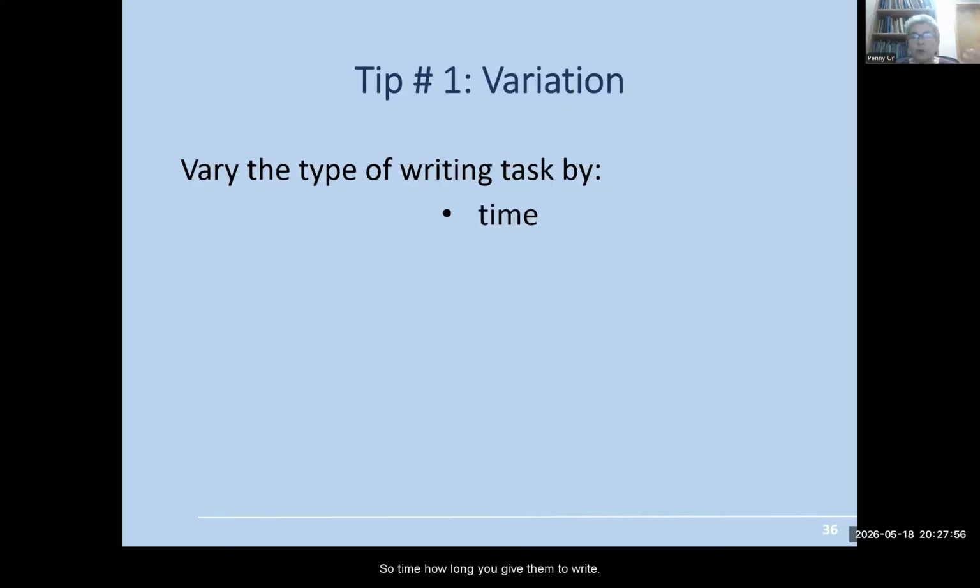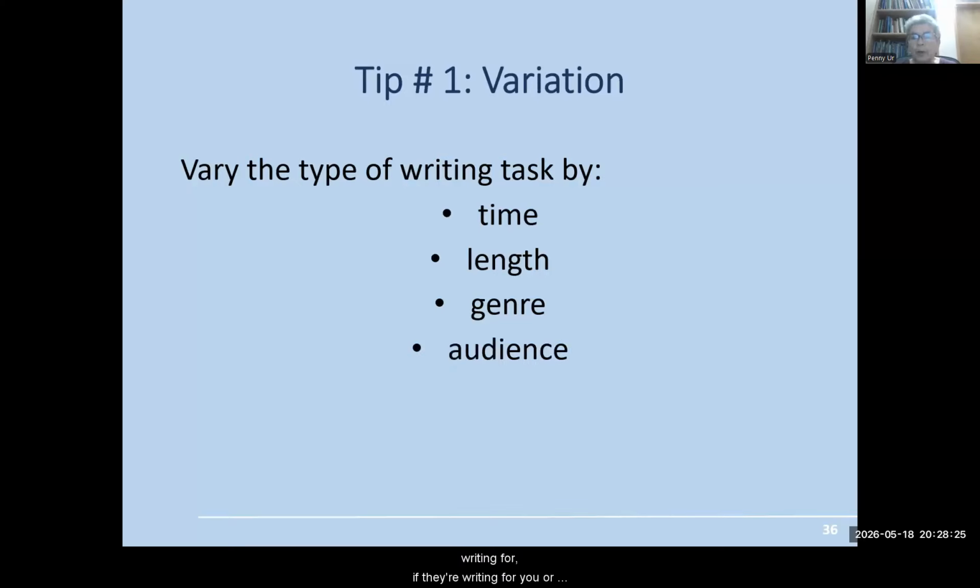So time, how long you give them to write. So you might one day give them only 2 minutes to write, another day give them 10 minutes or even 20 minutes to write, to give them different times, different length of writing, different genres. So one time it might be a poem, one time it might be a paragraph, one time it might be a list or a brainstorm, another time it might be a set of sentences, different genres, different audience they're writing for, if they're writing for you or writing for each other.